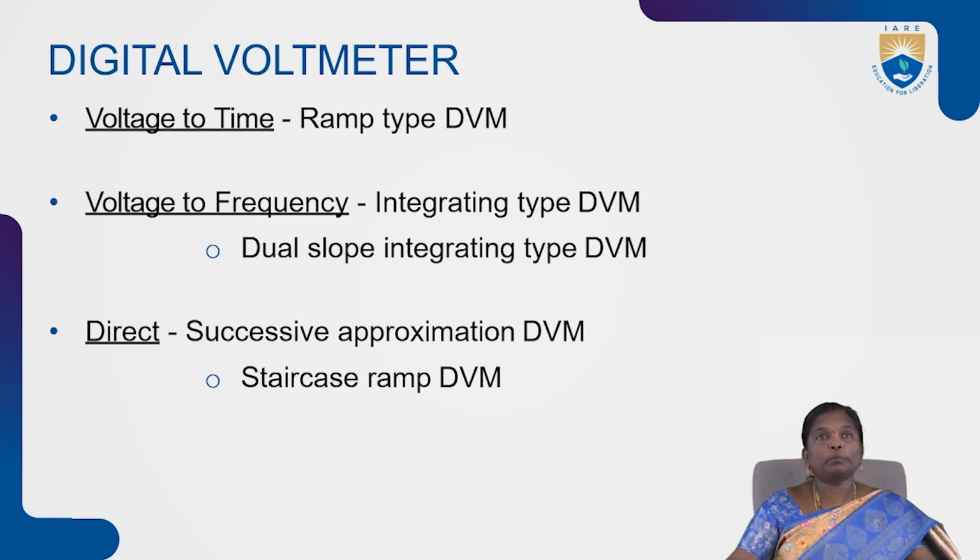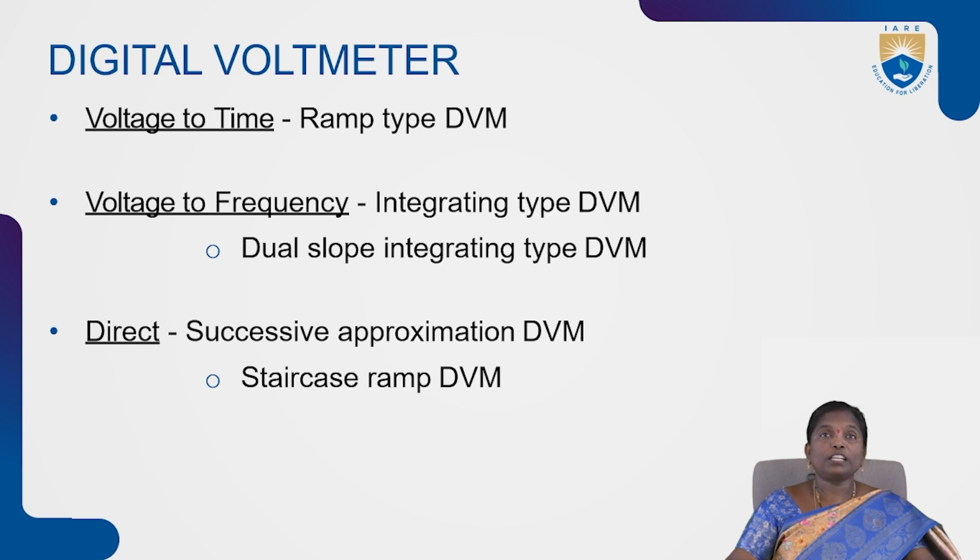These two are helpful to convert voltage to frequency. The third is direct measurement of voltage, where again we have two types: the successive approximation type DVM and the staircase ramp type digital voltmeter.